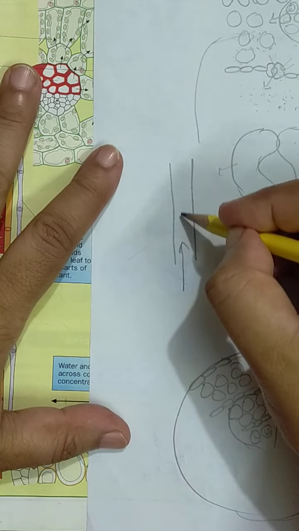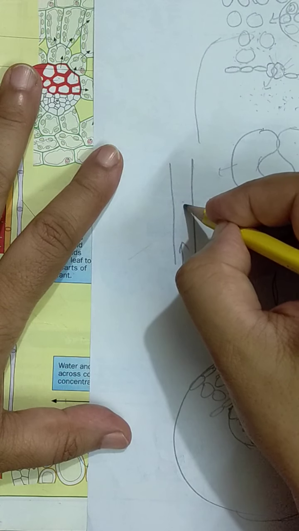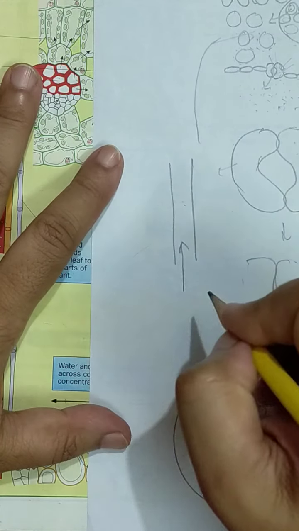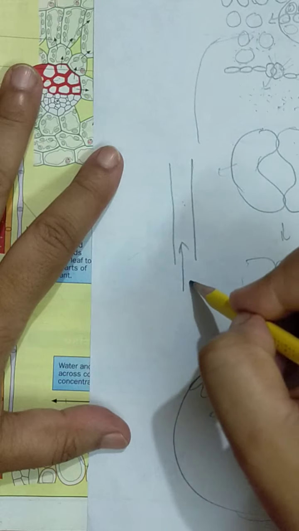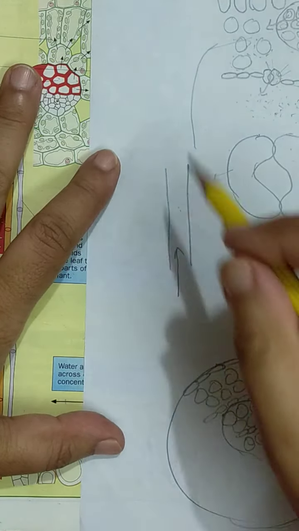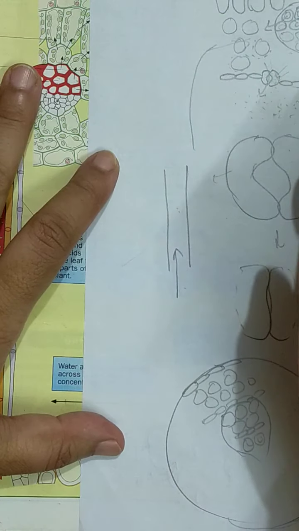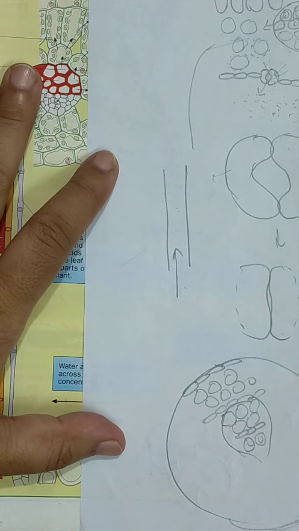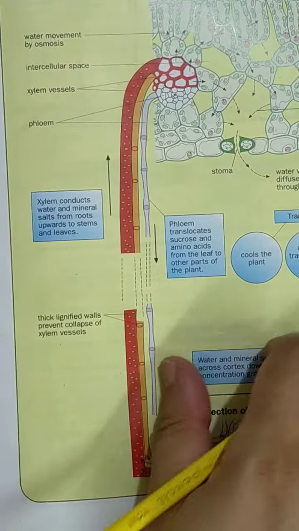That upward movement in the xylem vessel in an unbroken column is called the transpiration stream. So due to this transpiration stream and transpiration pull, water from roots reaches the leaf, and from the leaf to the outer atmosphere through the stomata. Okay, so you have to explain this diagram and also explain all this concept.